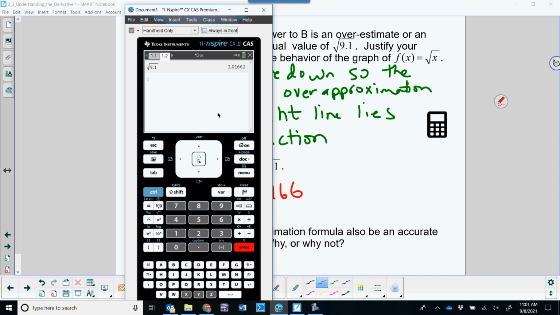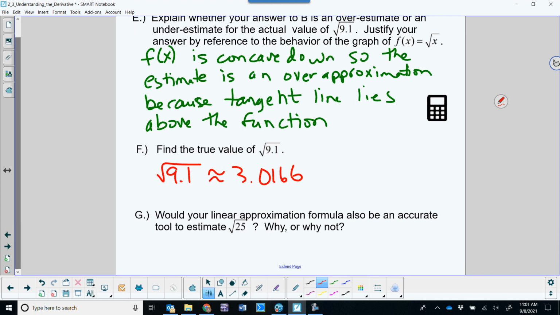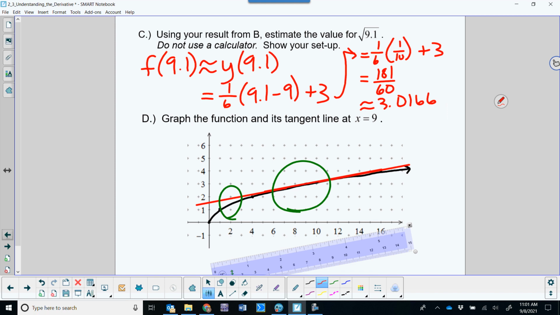The next question says, would this be good to use for the square root of 25? So that's estimating at 5. And again, the answer would be no, this would not be as good of an approximation. Now my lines are big and fat, so my tangent line doesn't look too far away, but it's definitely farther away.